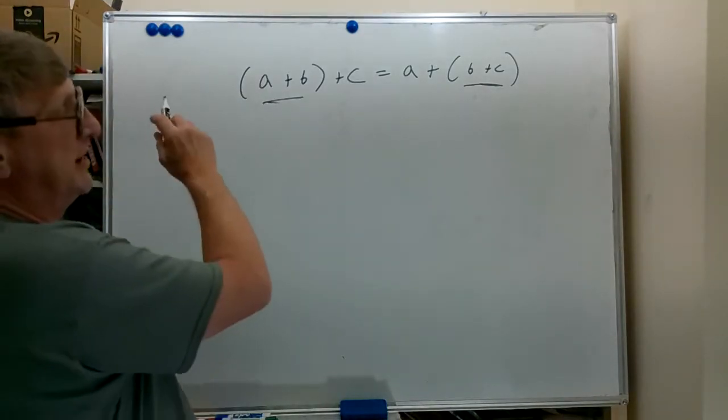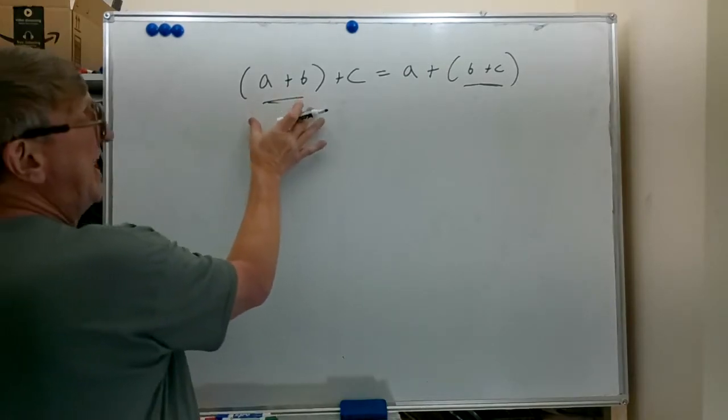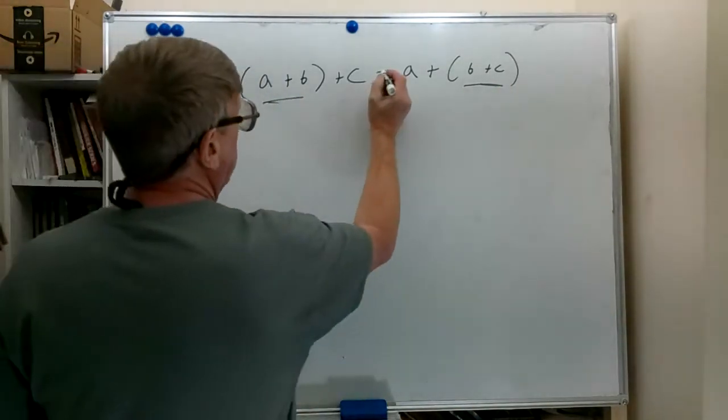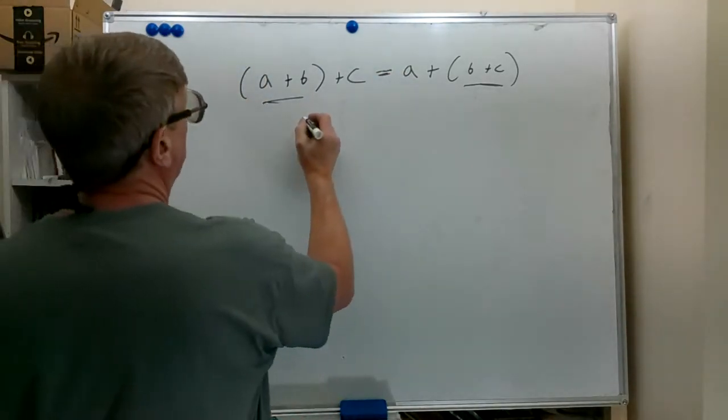So what we're saying here, we're associating in this case the B with the A. In this case we're associating the B with the C. And what we're saying here is that addition is associative.